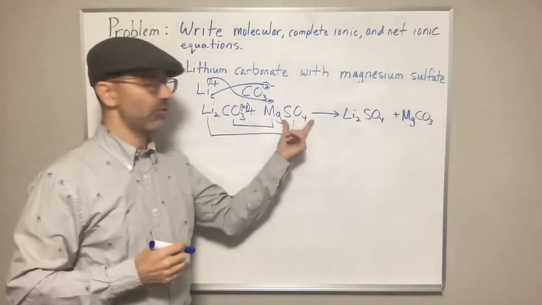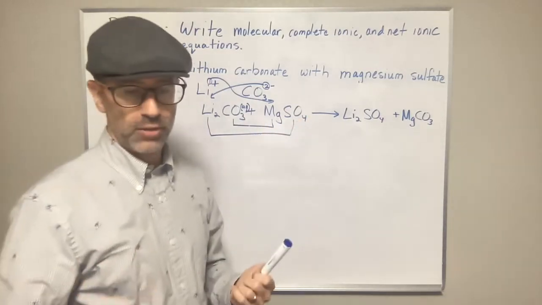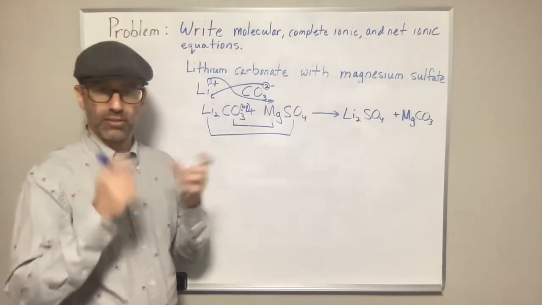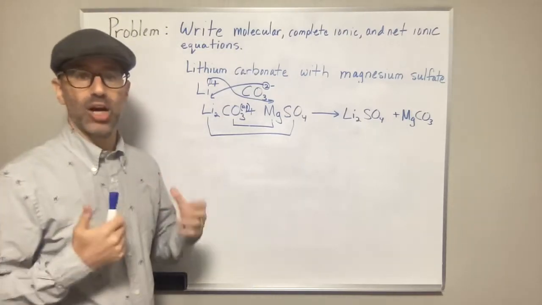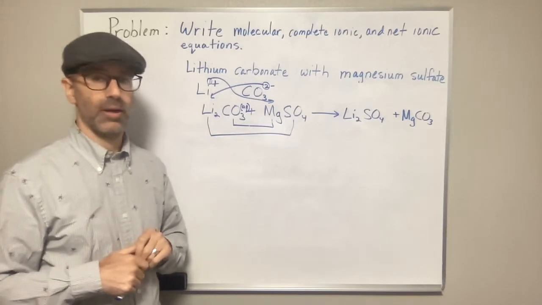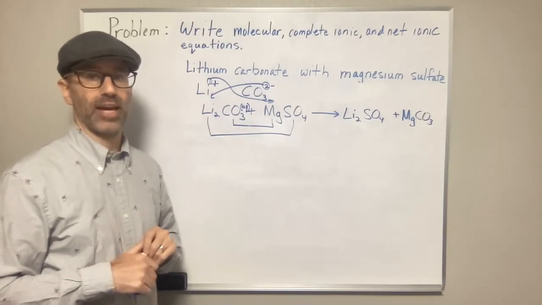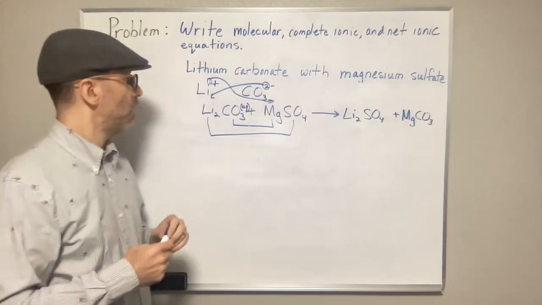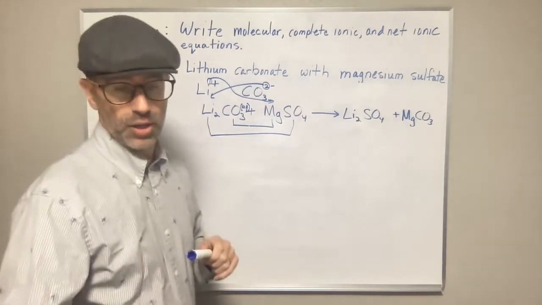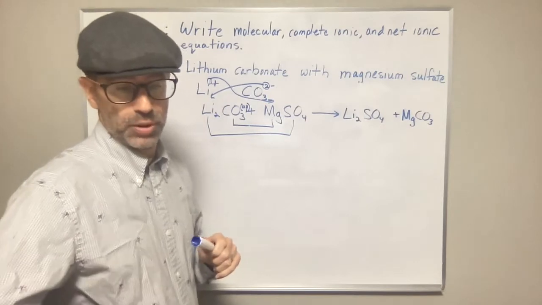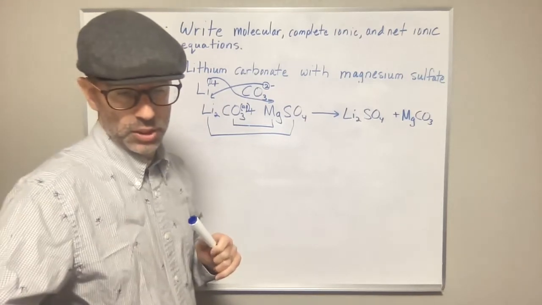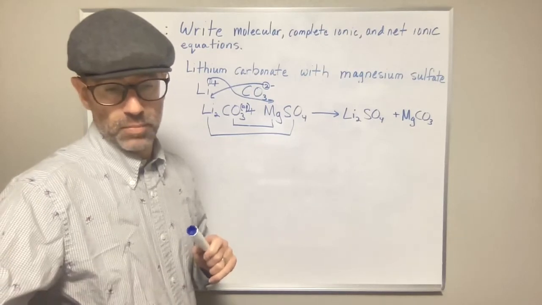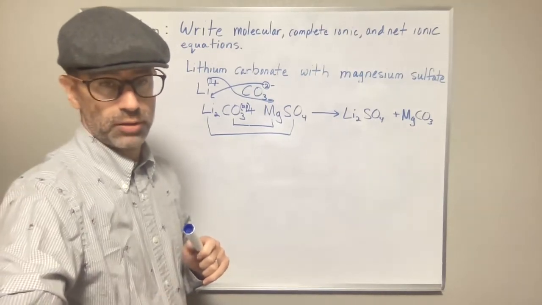What about magnesium sulfate? If we look up sulfates, same thing, same rule. Carbonates and sulfates have the same rule. They are generally insoluble, except for when you have a group 1 metal or ammonium. So here you have a group 2 metal. Let me check this out.